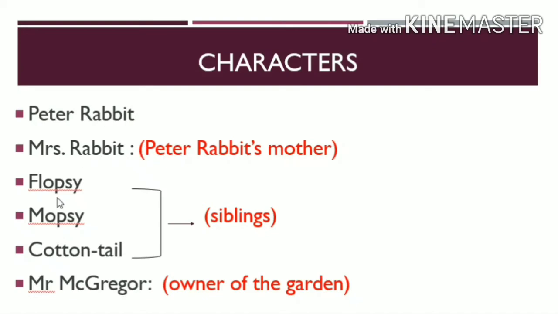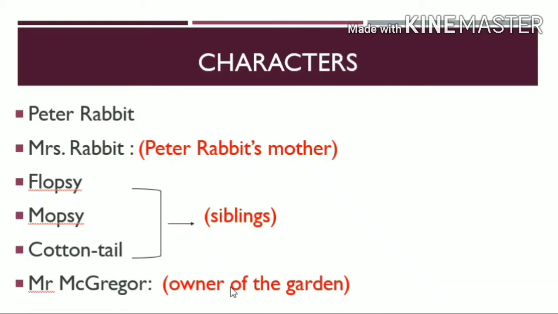Next is Flopsy, Mopsy and Cottontail. They are siblings. Peter Rabbit, Flopsy, Mopsy and Cottontail, they are brothers and sisters. And the last one is Mr. McGregor. Mr. McGregor is the owner of the garden in the story.